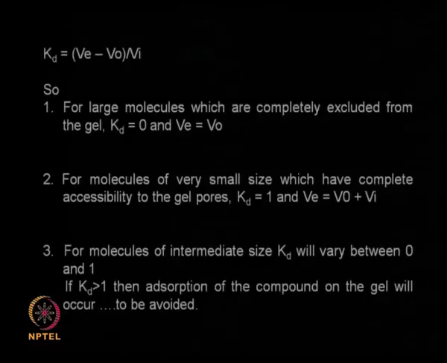Then we have Kd between 0 and 1, which is the general case. In each case we will have the volume of the eluent required in terms of V naught, that is the interstices or the void volume, and in terms of Vi, that is the pore volume, that means the volume occupied in the pores.